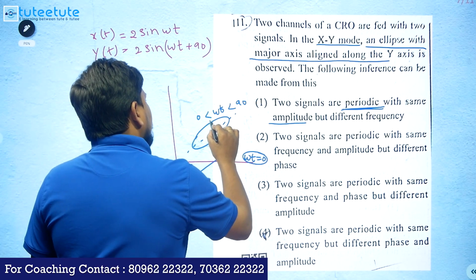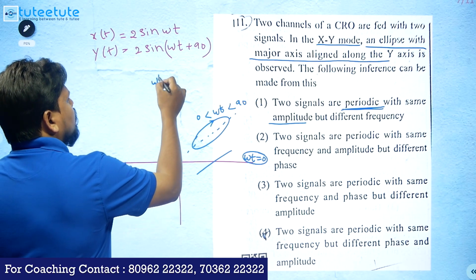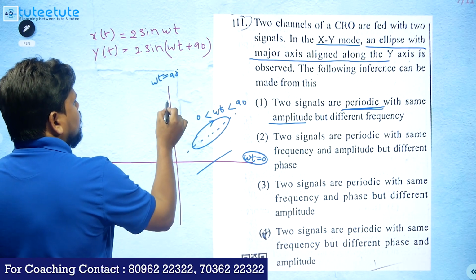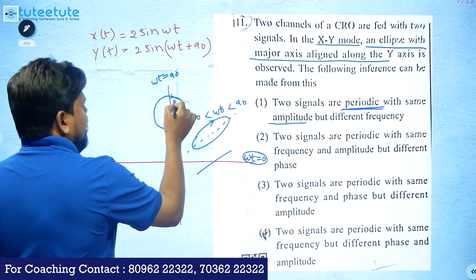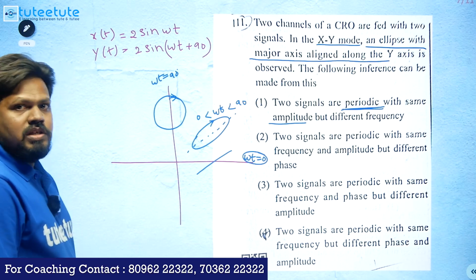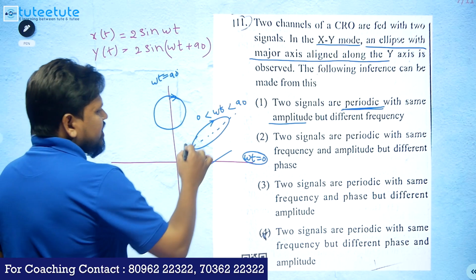And it will be rotating clockwise. Whenever omega t equals 90 degrees, you will get a circle rotating in the clockwise direction. Circle means it's not an ellipse.